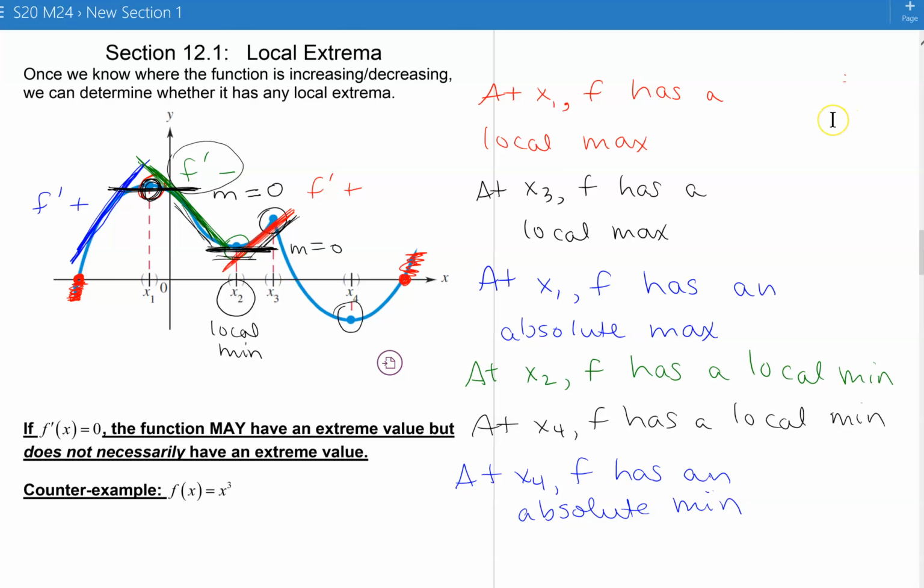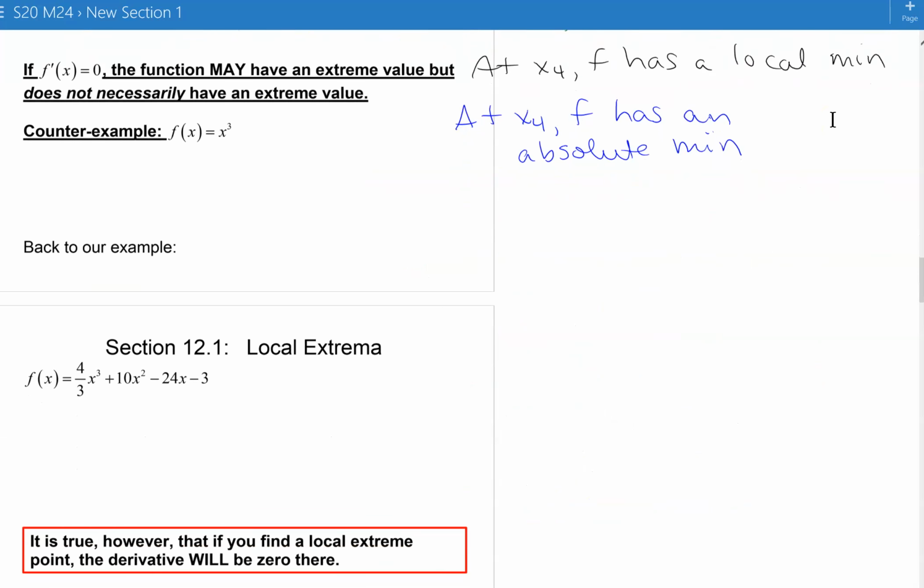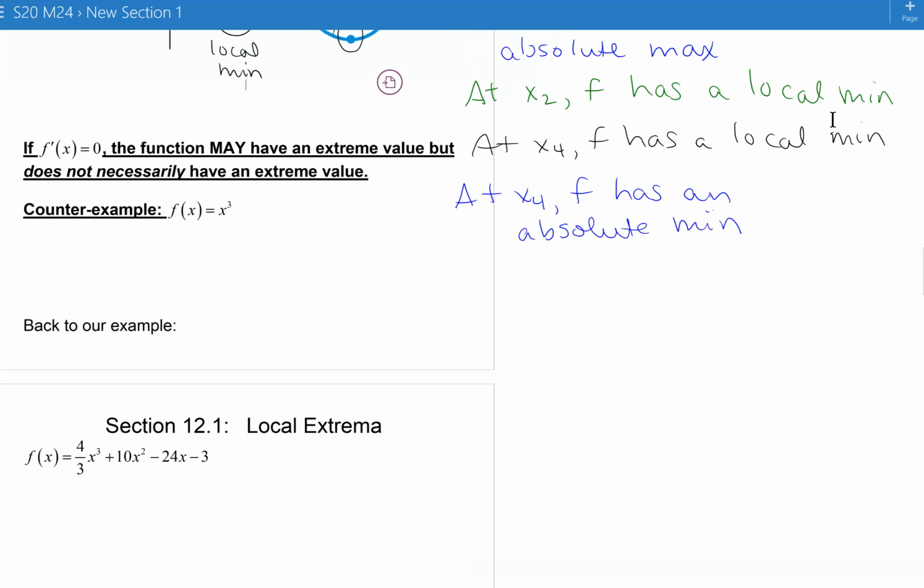Okay, so we're going to use that information. Now I want to take a moment here to talk about when you find where the derivative is 0. So this is a one-directional true statement that if you're at an extreme value, the derivative will be 0. So let me write it that direction.